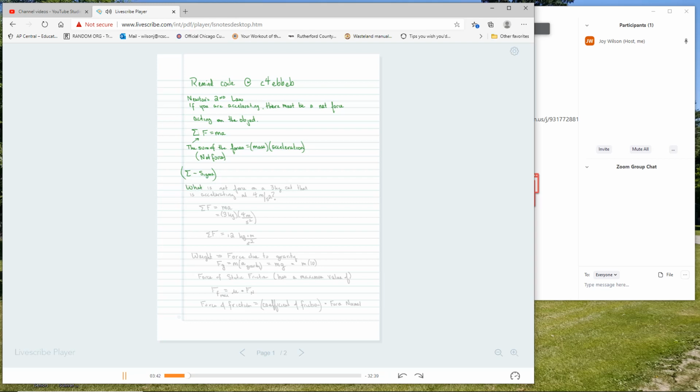So, what is the net force on a 3 kilogram cat that is accelerating at 4 meters per second squared?